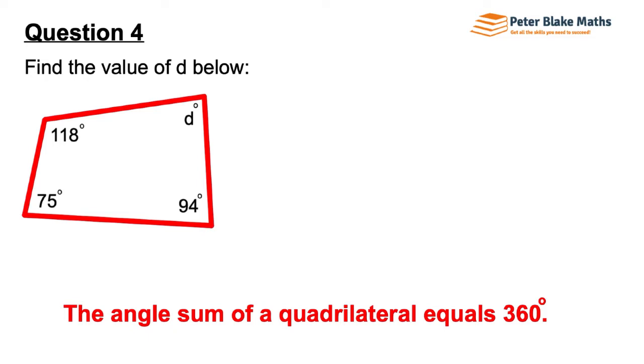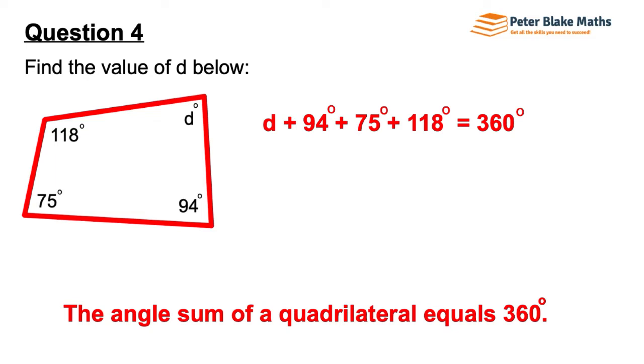So we know that d and all those other angles given there will add up to 360 degrees. So writing that out, we'll say d, going in a clockwise direction, plus 94 degrees, plus 75 degrees, plus 118 degrees will equal 360 degrees following the rule.